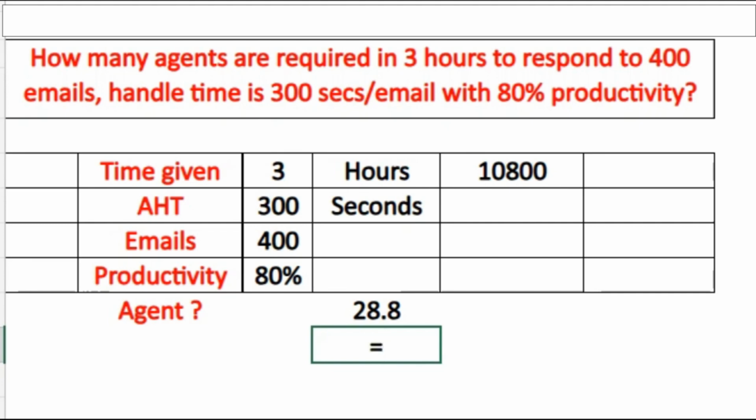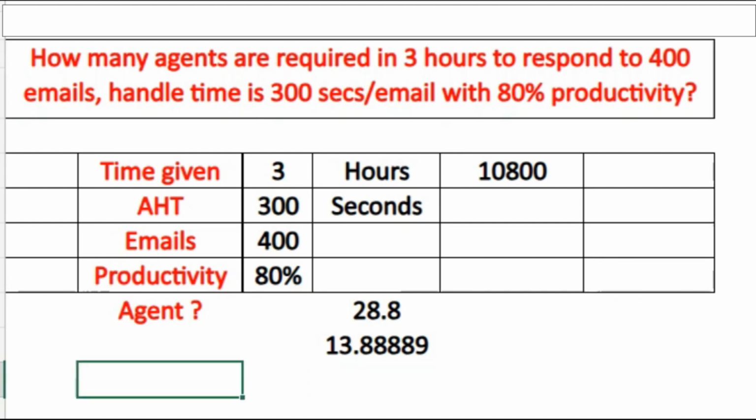So the calculation after that is 400 emails divided by 28.8. So we need 13.88 agents, approximately 14 agents, to complete this task. This is the first method of finding the number of agents.